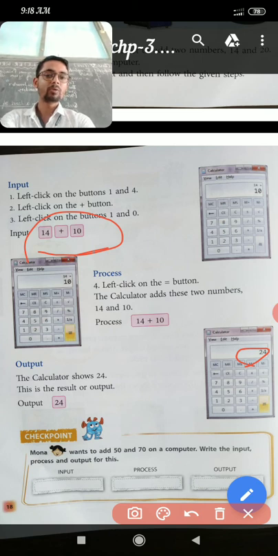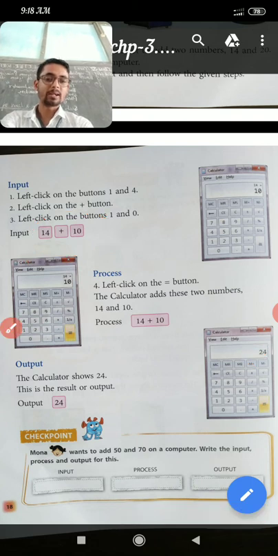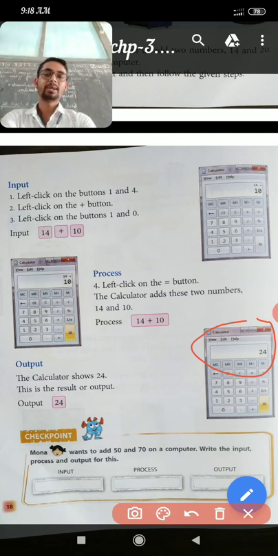Now whenever we click the equal button on a calculator, what happens? The calculator starts the processing, and we get the result, that means the output, on this display or screen. So that is output. This is one example of the IPO cycle. The computer also works in this way.